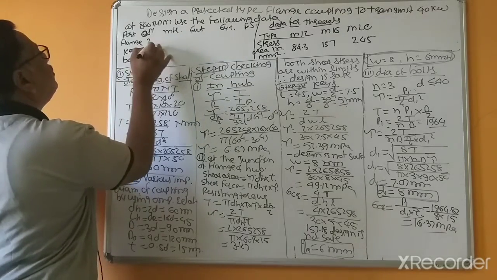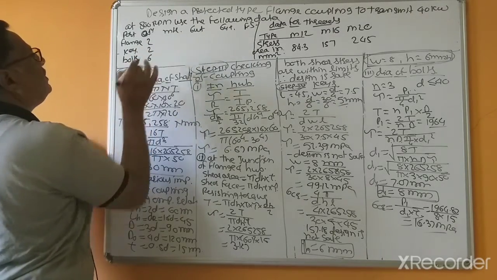Quantity: flange requires 2, key requires 2, and the number of bolts given is 6.